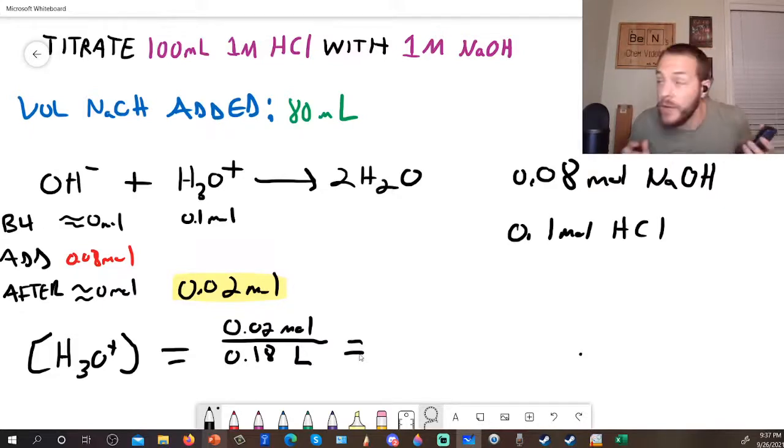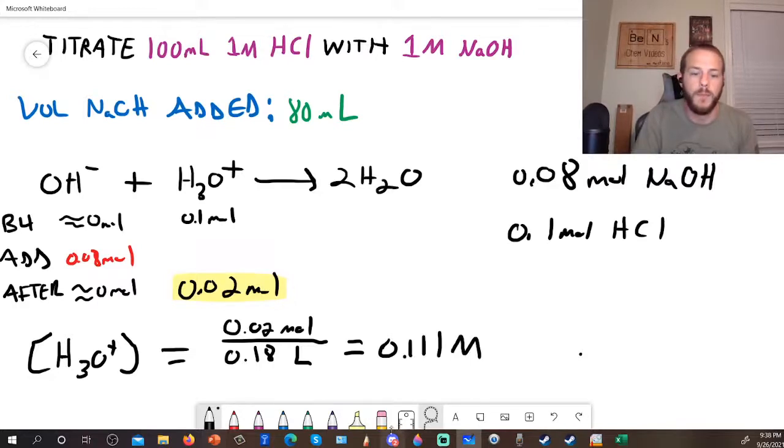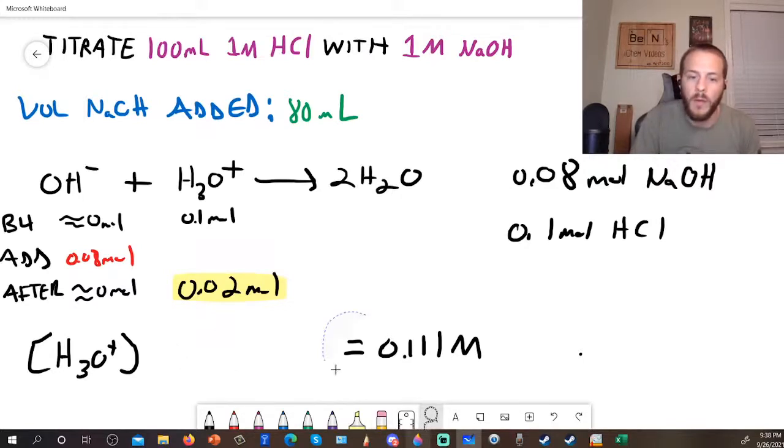So our hydronium ion concentration becomes 0.02 divided by 0.18, which is 0.111 molar.